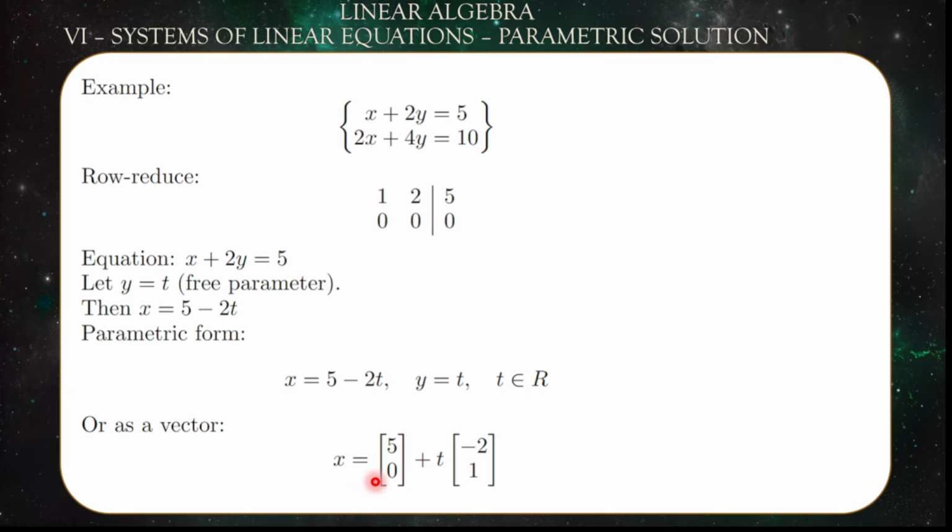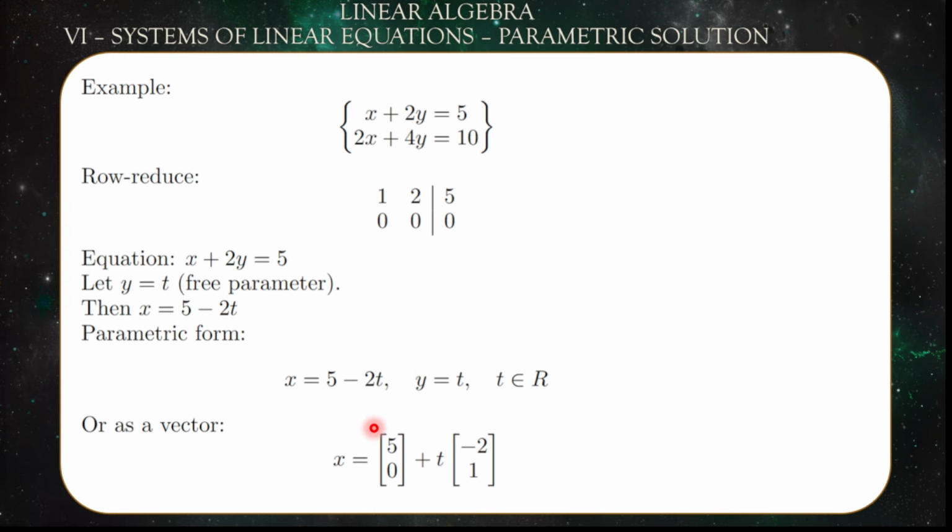So it becomes 0 plus t. Yeah, this is the other equation. Regardless, since we've parameterized, the first argument is for the one belonging to x, the second belonging to y. This should not be x in such case. This should be capital X, referring to the entire solution. So big X is equal to 5 minus 2t. So this is the x argument, 5 plus t times minus 2, and y equal t.